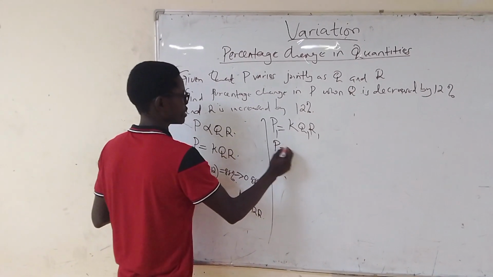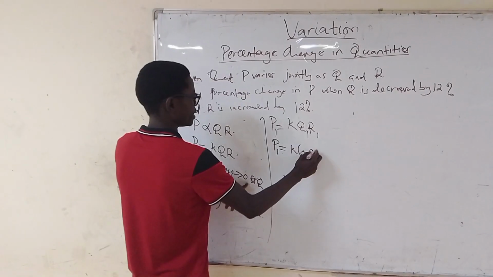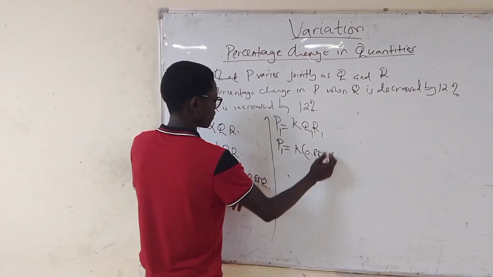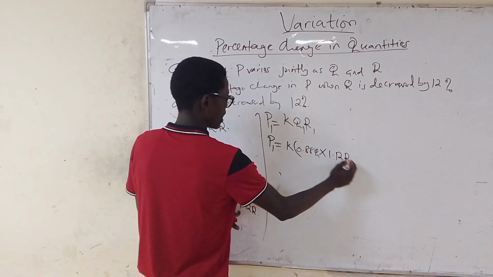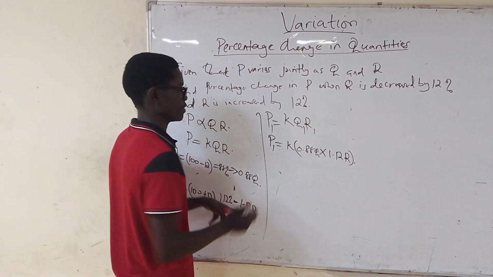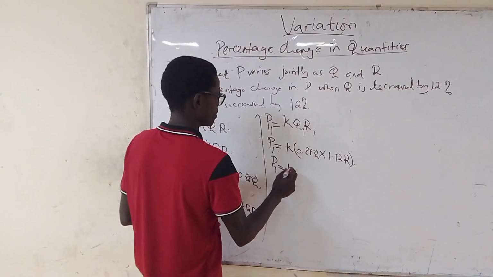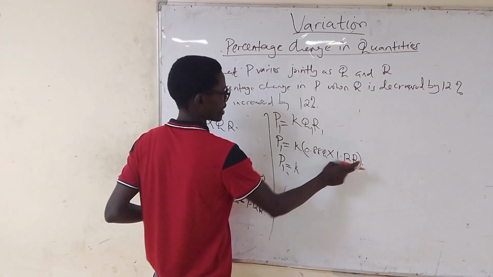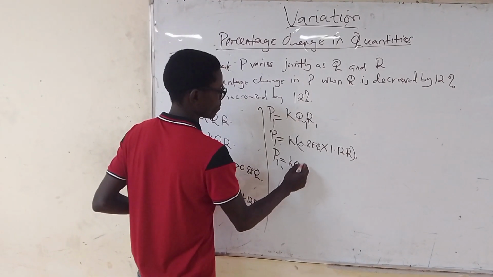So P1 equals K, Q1 is 0.88 Q multiplied by 1.12 R. So P1 equals K. Then we remove Q and R outside the bracket. That will be K multiplied by Q multiplied by R.